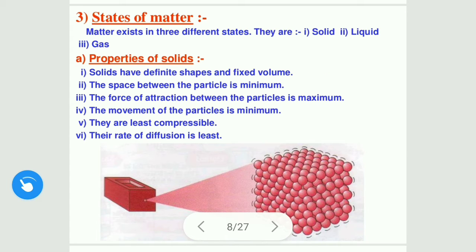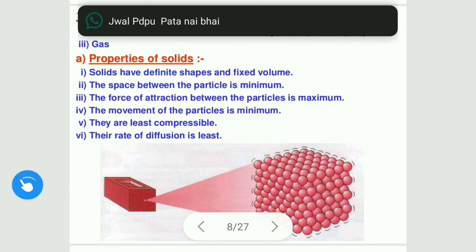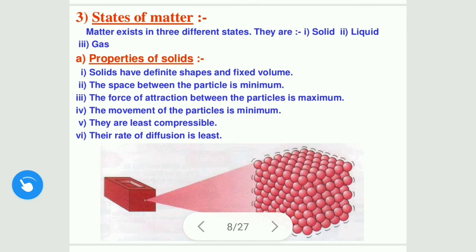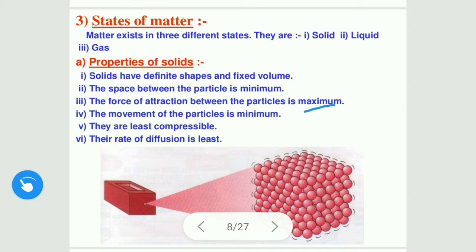Space between the particles is minimum in solids. That's why solid particles are hard to break. Force of attraction between the particles is maximum, hence they bind each other strongly. They do not move, so their particle movement is minimum.